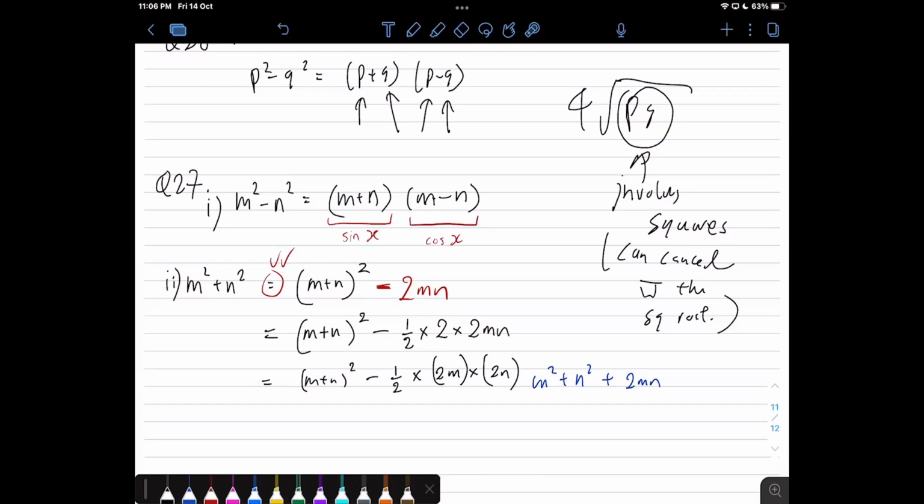Then after that, can you see how you can form a relationship for 2m in terms of sine x and cosine x? How about 2n, in terms of m plus n and m minus n? Can you see a pattern?